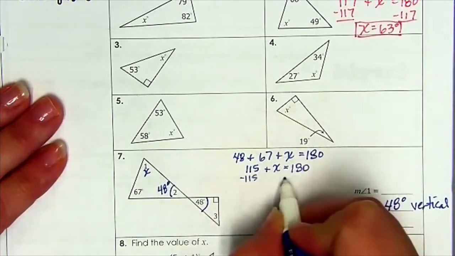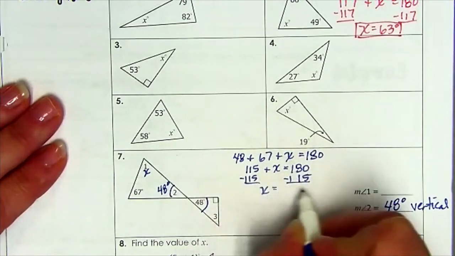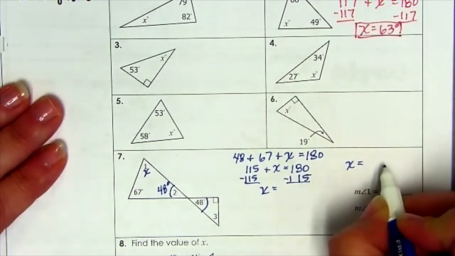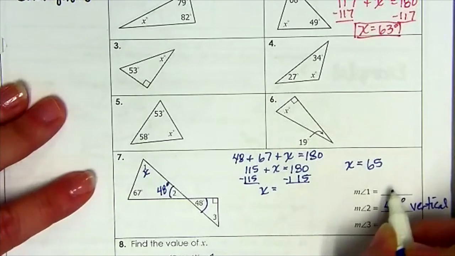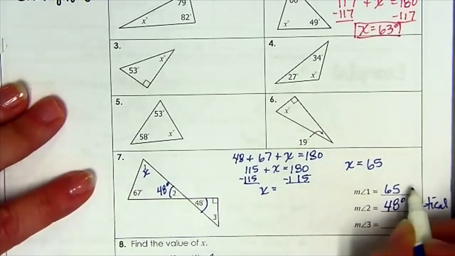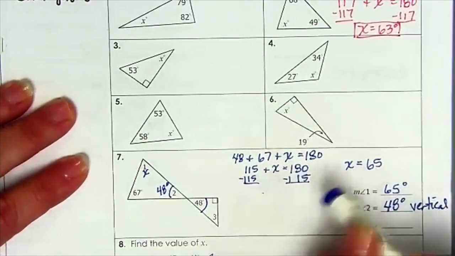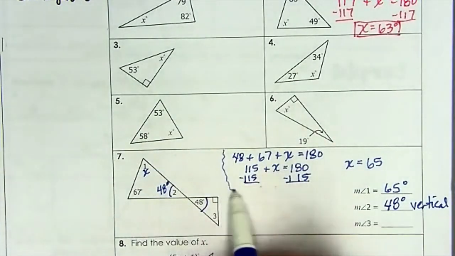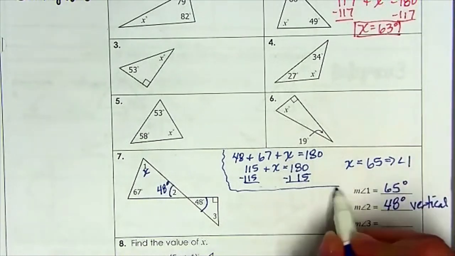Subtract the 115 from both sides, and we get that X equals 65. So that means angle 1 is 65 degrees. I did that over here because of space, because I need to be able to work. So this is the work for angle 1.